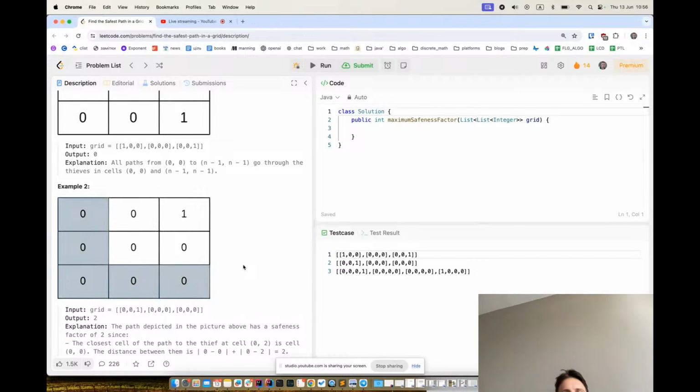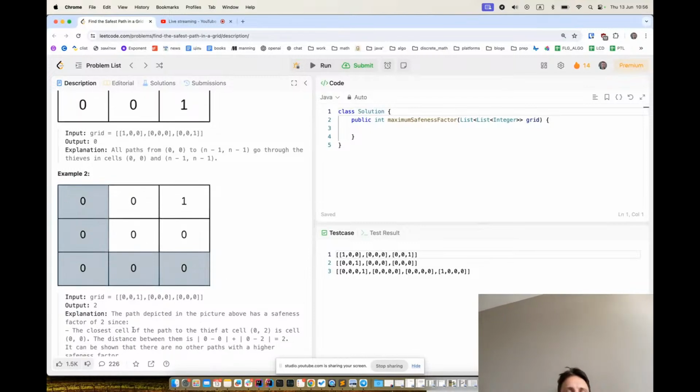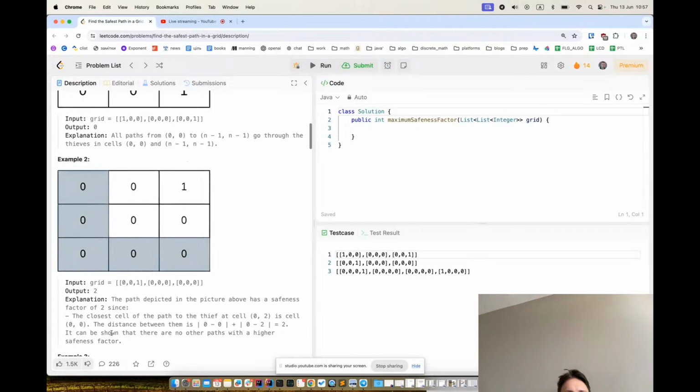The path depicted in the picture above has a safest factor of 2, since the closest cell of the path to a thief is the cell 0, 0. The distance between them is 2. It can be shown that there are no other paths with a higher safest factor.